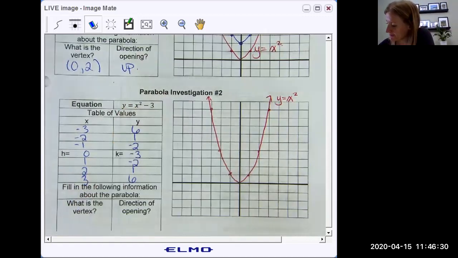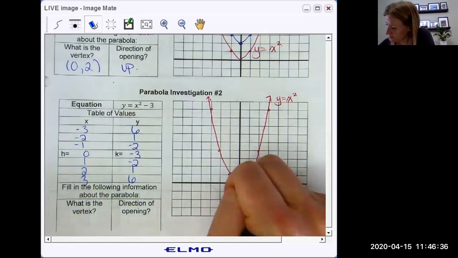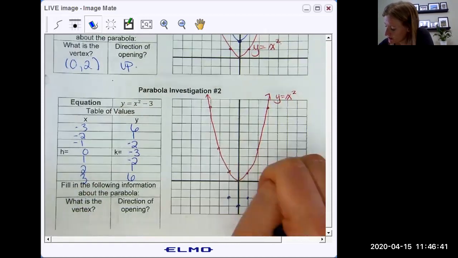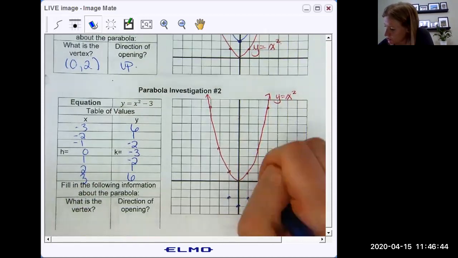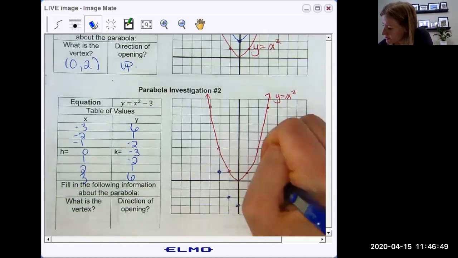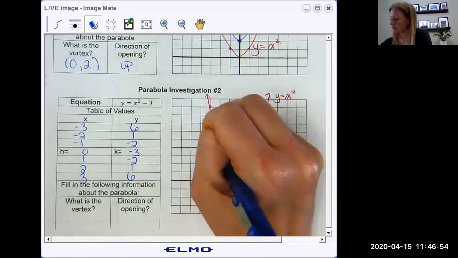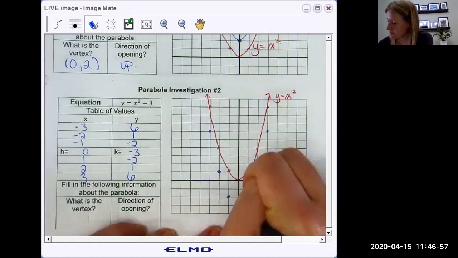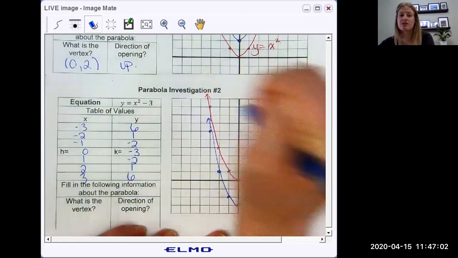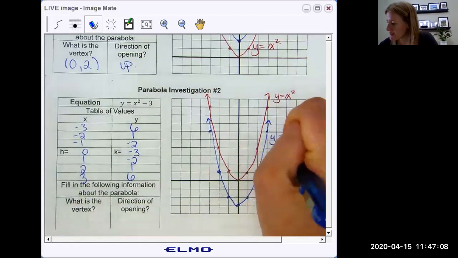And I'll draw this parabola. One and negative 2, negative 1 and negative 2, 2 and 1, negative 2 and 1, 3 and 6, negative 3 and 6. Notice that I'm putting arrows at the end of my parabola tails because they go on forever. That's y equals x squared minus 3.